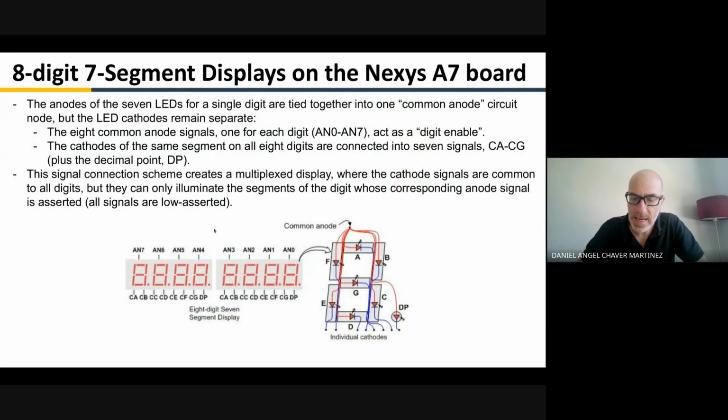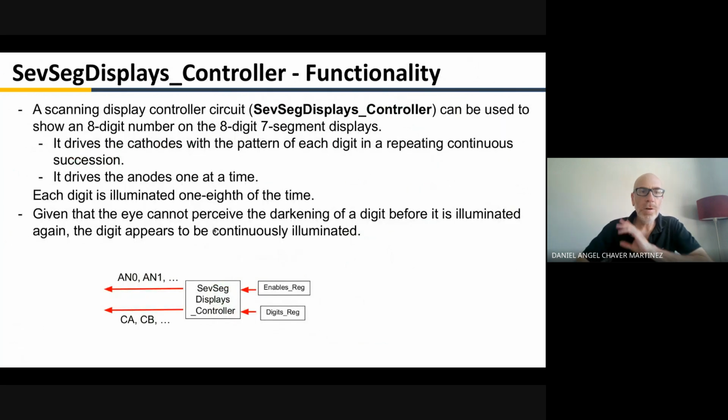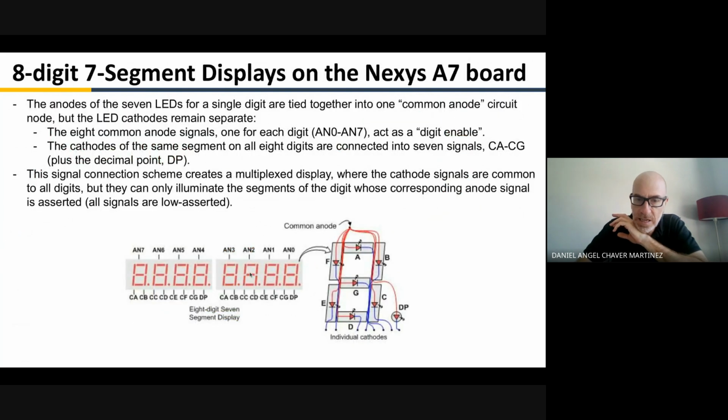So the idea is that we're going to provide a hardware that iterates through the 8 digits, meaning that it will switch on each digit individually. So it will first switch on this digit, then this one, then this one, then this one, till the end.